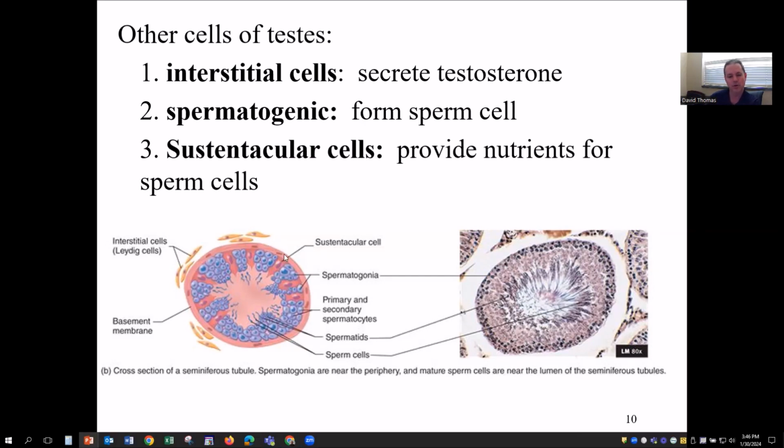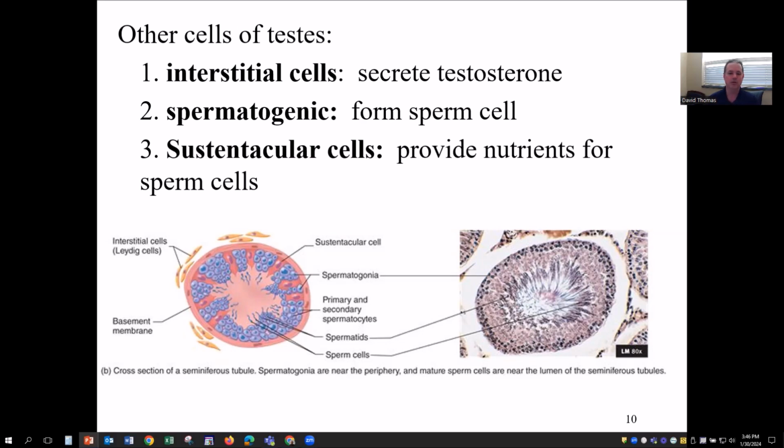It's trying to say the same thing. It's basically taking a cross section through a seminiferous tubule. And we need to talk about 3 main cell types. Number 1 is the interstitial cell. Lying on the perimeter, you would find interstitial cells. Sometimes you see these referred to as Leydig cells.